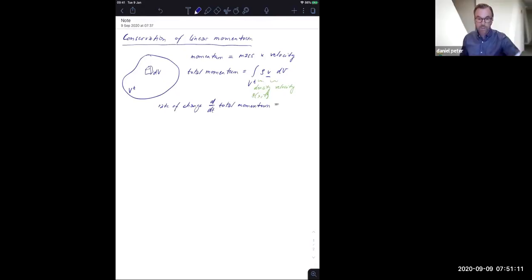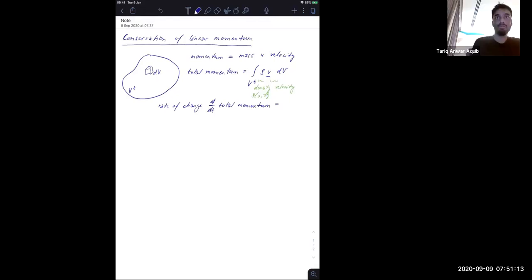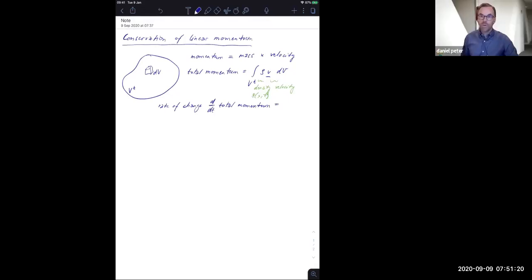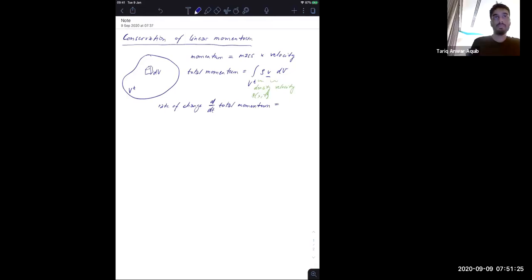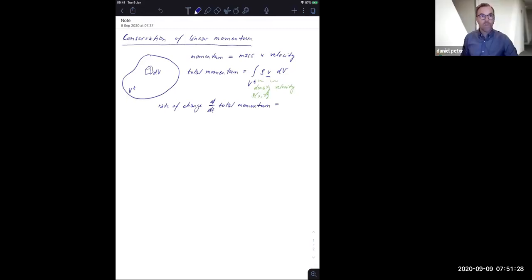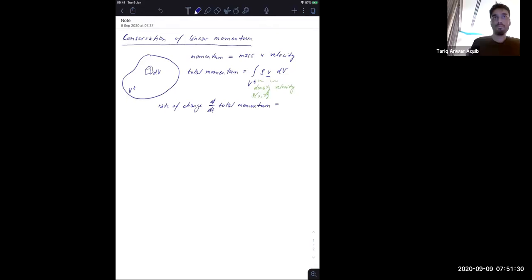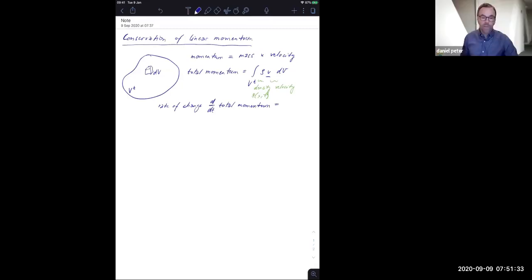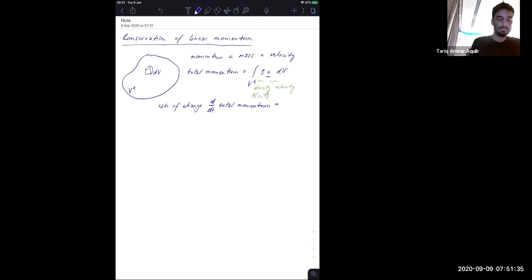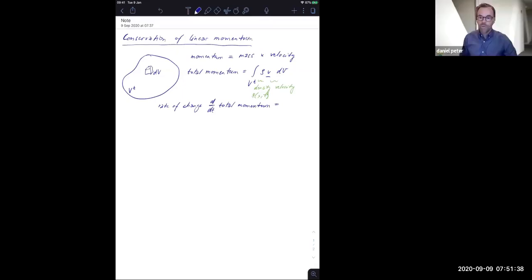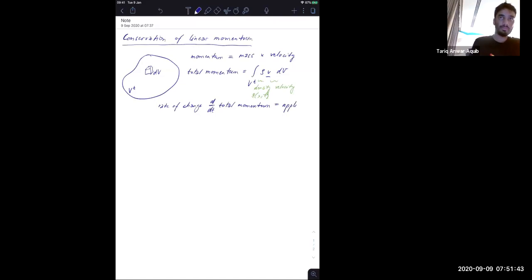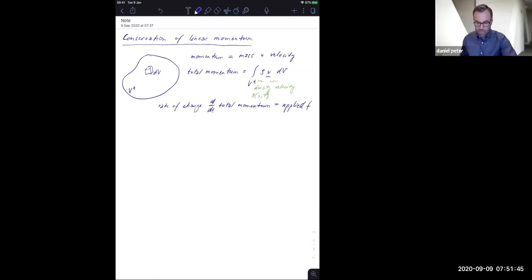And this equals 0 if there would be no forces applying onto that body. You have to think, for example, of Newton's law, where mass times acceleration equals the forces applied. So the same here, it equals the applied forces on that body.